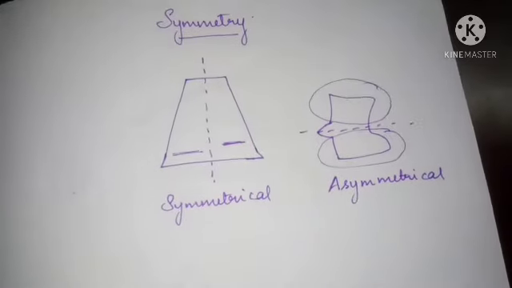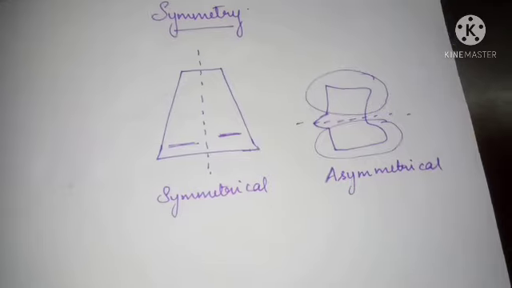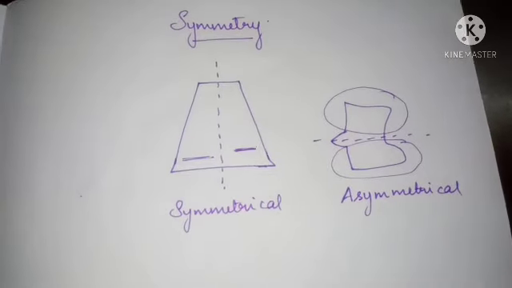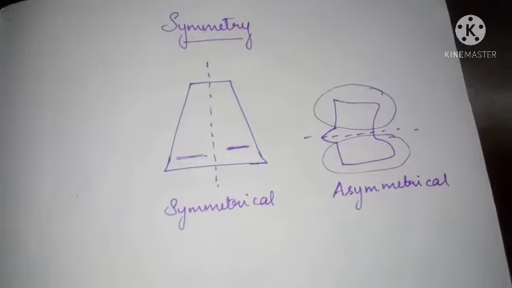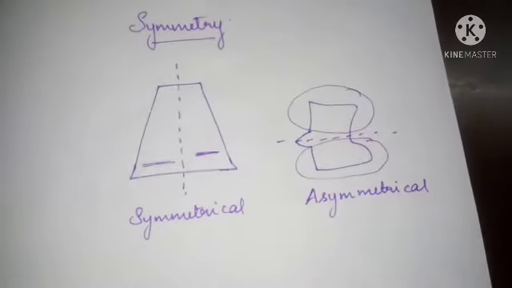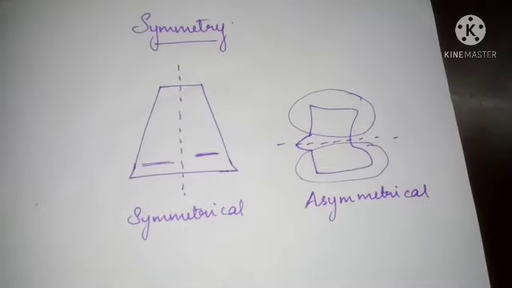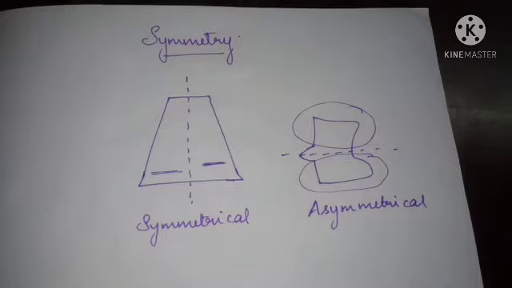Actually, symmetry is used mainly in buildings. When the building is symmetrical, it looks very elegant and gives a very balanced form for that building. The symmetry concepts are mainly used by engineers to build a building.